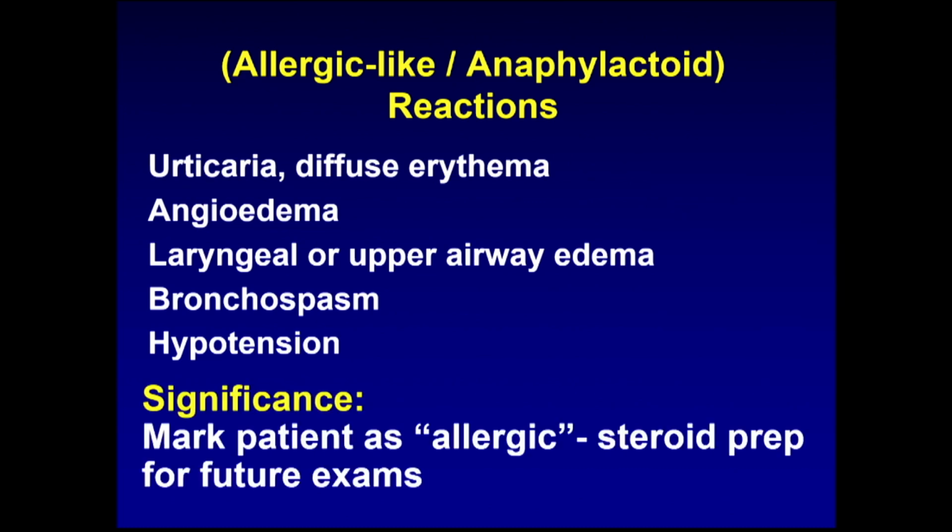What is the significance once a patient gives you this history, or in a radiology department this is recognized, where we make sure that this gets entered into all of the electronic medical records, that the referring provider, you guys, know that this happened to the patient, and such a patient, if they require contrast in the future for another radiology study, really should get a steroid prep.